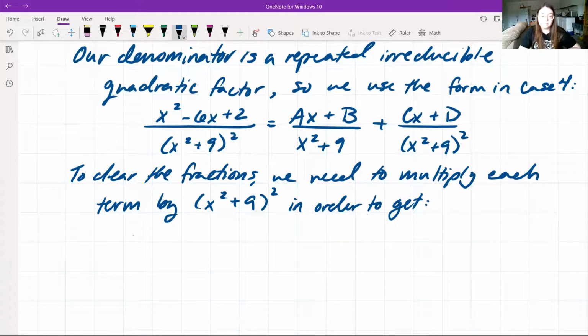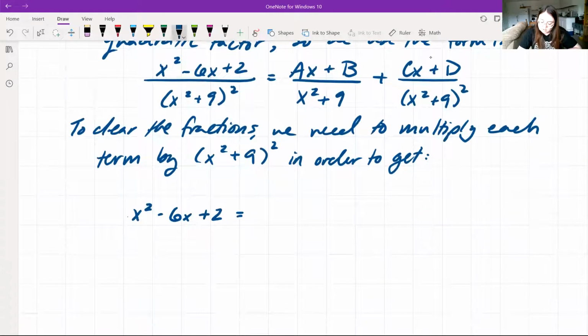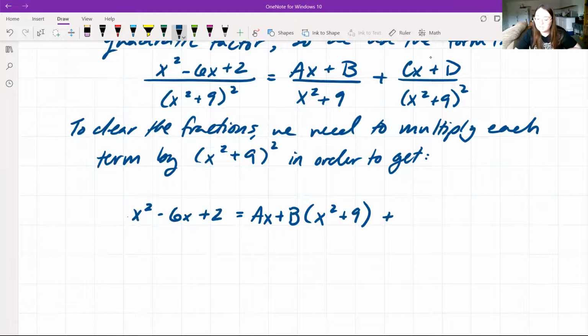In order to get just our numerator now, x squared minus 6x plus 2. Let's go ahead and give ourselves some more room, kind of squished here, which is equal to (ax plus b) times (x squared plus 9) plus cx plus d. And now we just want to simplify and expand.